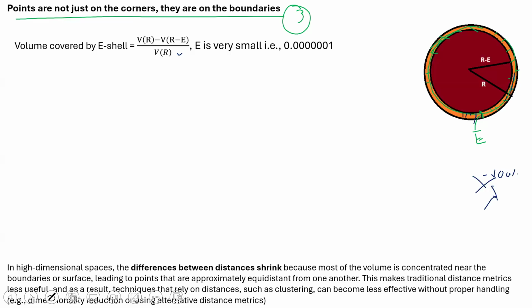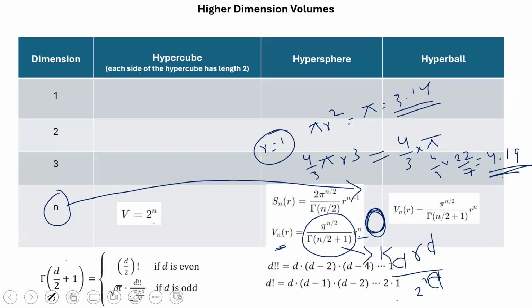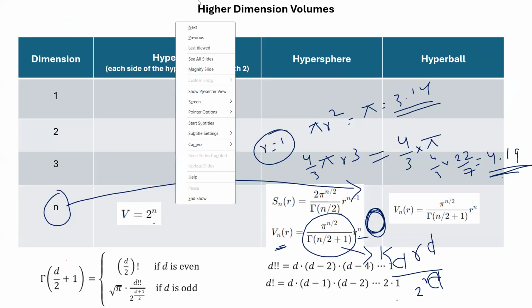Now I just apply the formula for these things. What is the volume of a sphere in d-dimensional space? Kd, I'm taking a constant Kd, R to the power of d, right? Again, I'll go back there to show you. So this is what we have.